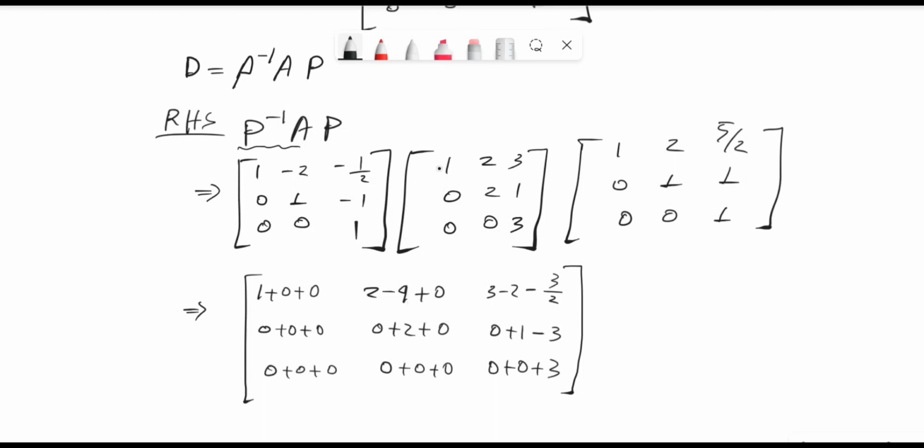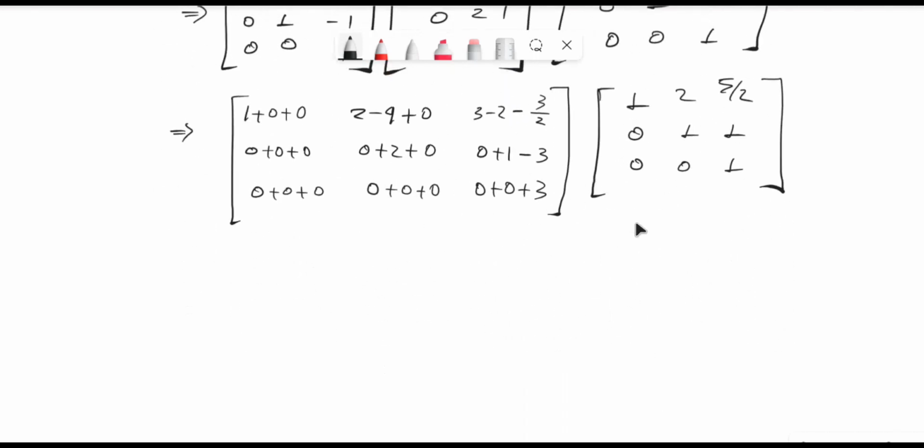Now we have this multiplication, and we write the other matrix as the same: 1, 2, 5 by 2, 0, 1, 1, 0, 0, 1. From the previous calculation, we have 1, minus 2, minus 1 by 2, then 0, 2, minus 2, then 0, 0, 3.